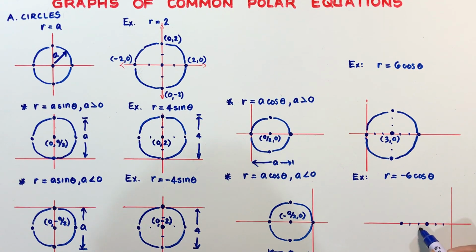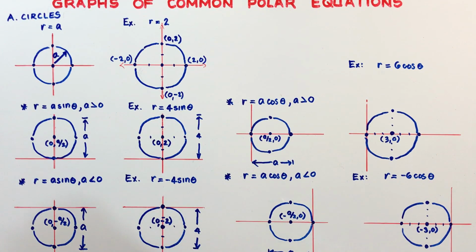So it has coordinates of negative 3, 0. So you go 3 units upward, 3 units to the right, and 3 units downward. So connecting these 4 points to form a circle with radius 3.